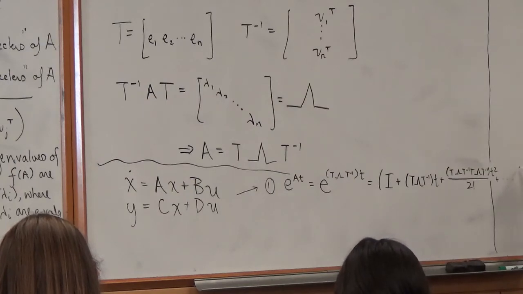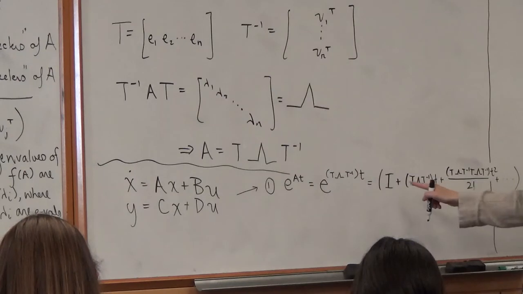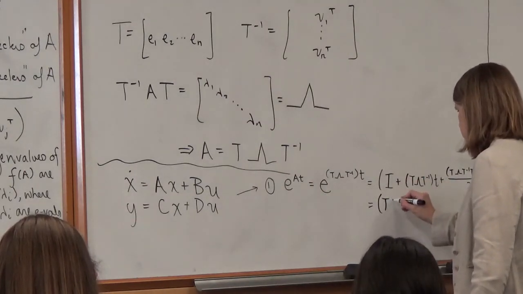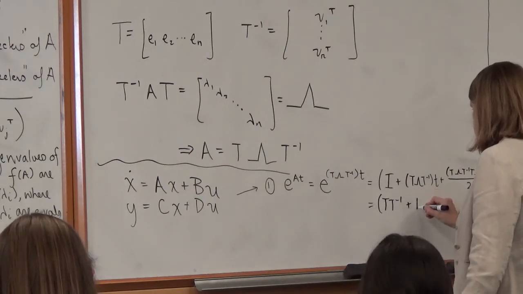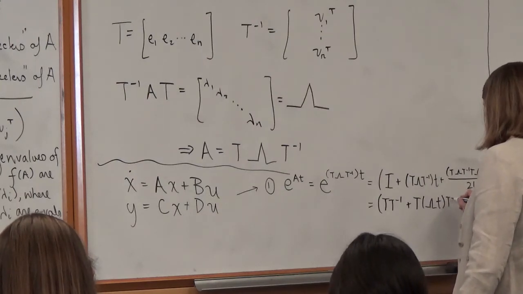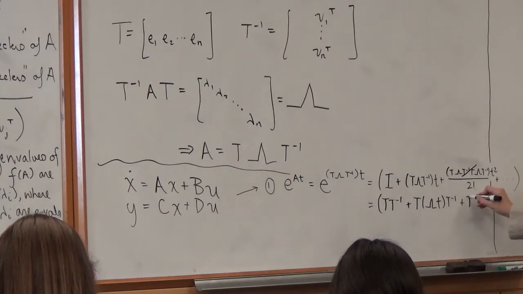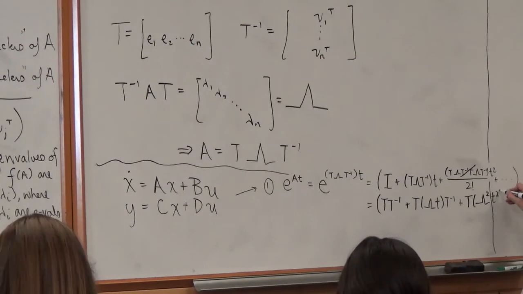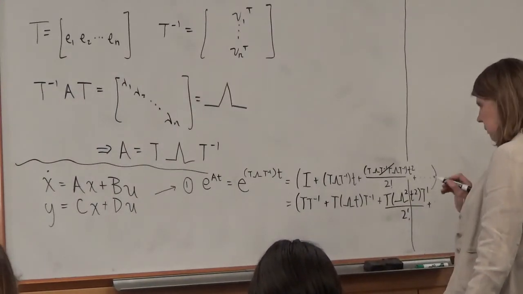And so that's e to the At written in its transformed form. But then I remember that I can pull out T on the left and T inverse on the right. The T inverses cancel out in the middle, and I get T lambda squared t squared T inverse over 2 factorial, dot dot dot.